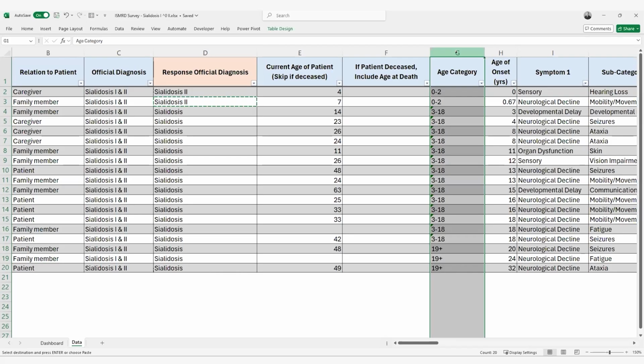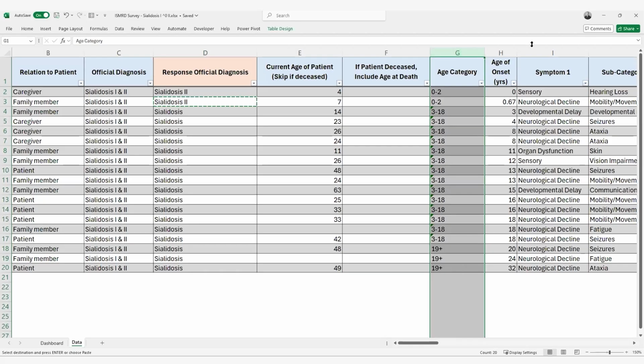So if you want to call that type 2 versus type 1 being juvenile or late onset, yeah, it's about 10 to 15% early onset.